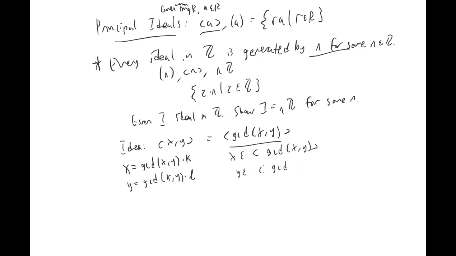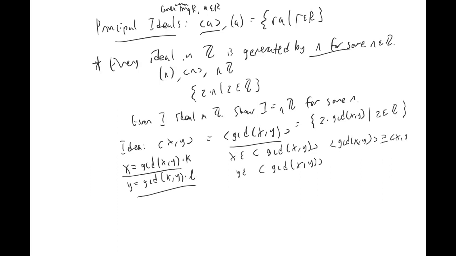Because this thing is the set of z times the GCD of x and y, such that z is in Z, and I just wrote x and y in that form. Everyone agree? So since x and y belong here, certainly the ideal generated by x and y is contained in this, because if x and y belong here, then the ideal generated by x and y belongs here.